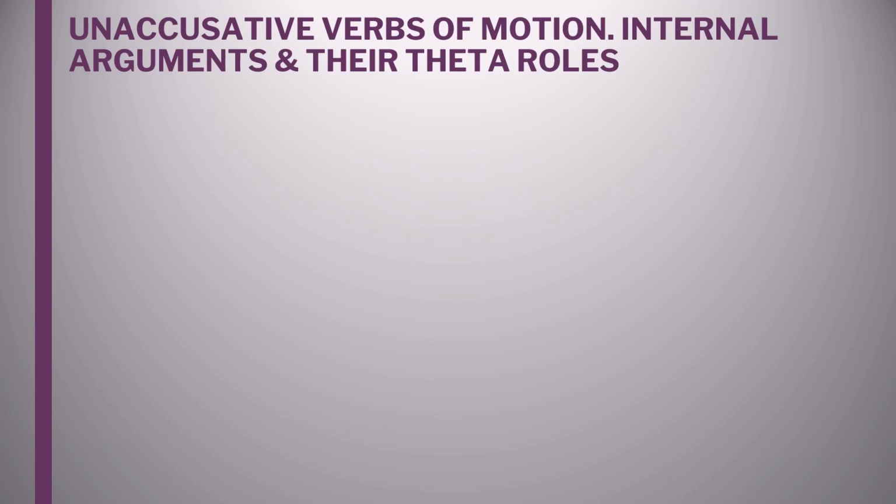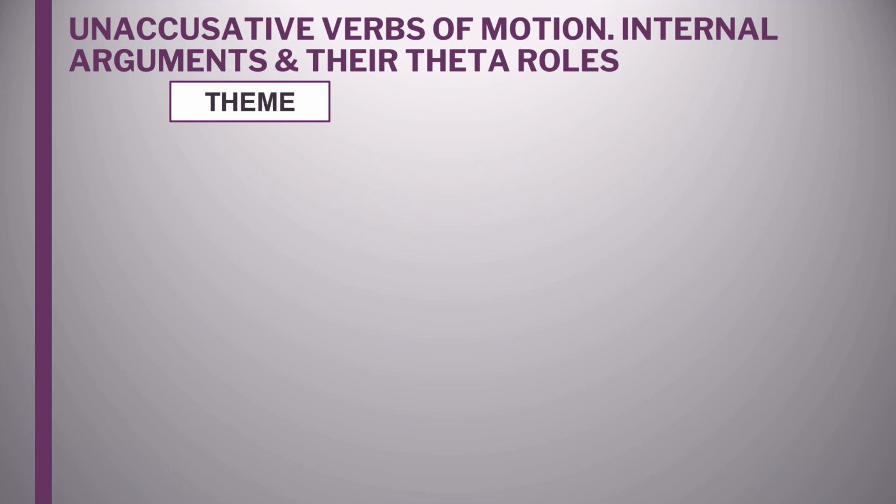In relation to unaccusative verbs, we will see that each of these different subclasses that we have dealt with can be associated to different theta roles. In the case of unaccusative verbs of motion, all theta roles associated to the inherent movement of an entity from a place to another can be present in the sentence.